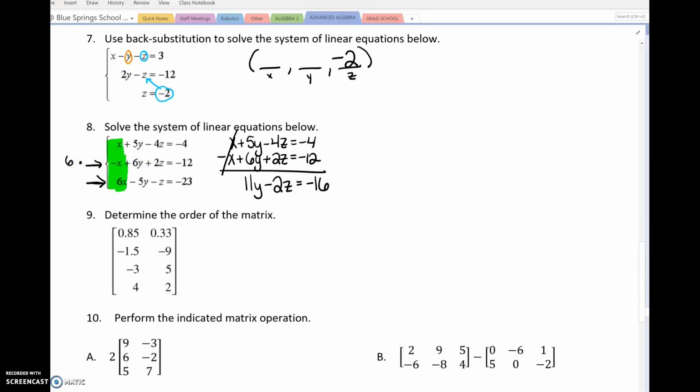So if we take the middle one times 6, we would have -6x plus 36y plus 12z equals -72. The original second equation, we'd keep the same. And this might involve using a calculator.